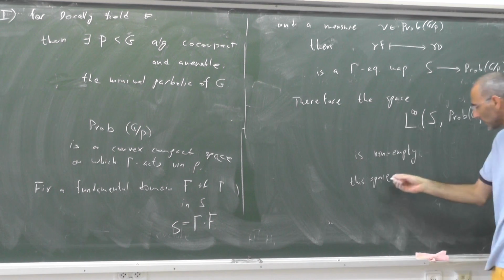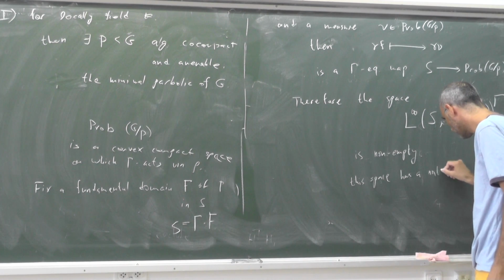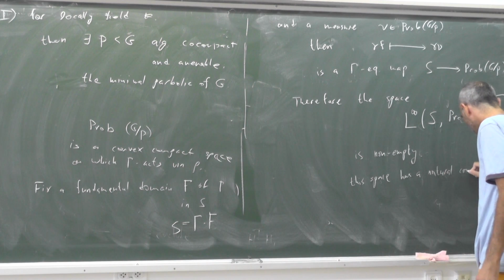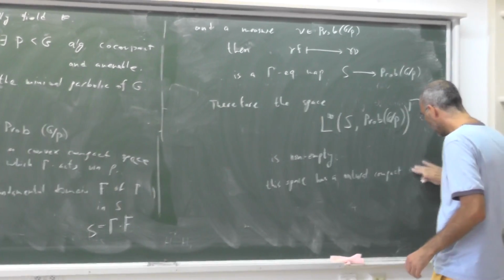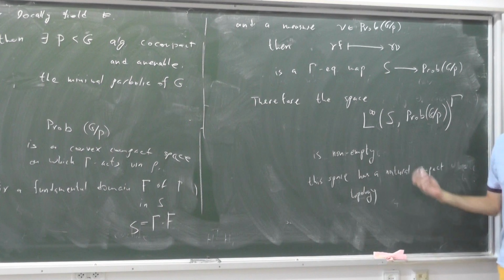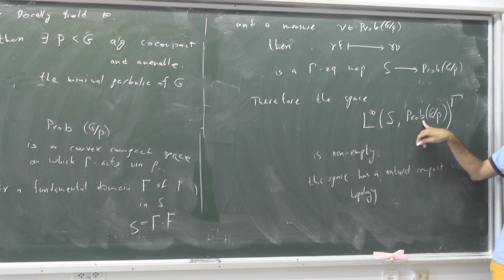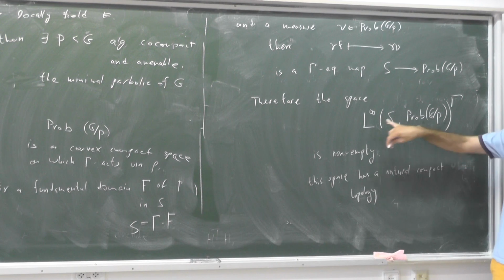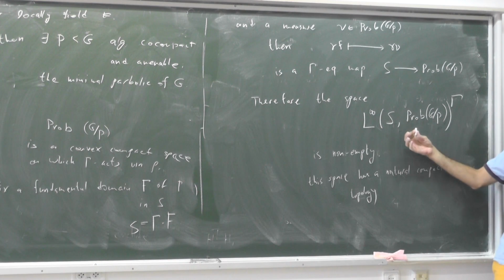The claim is this space, maybe I'll write it down, has a natural compact convex topology. So it has a natural weak star topology. Basically, you can embed this in the space of signed measures on G mod P, which is a dual space of the space of continuous functions, and this L infinity space is naturally the dual of some L1 space.